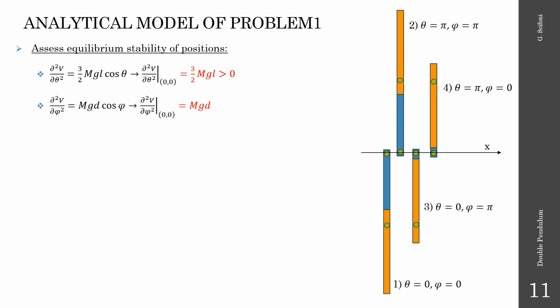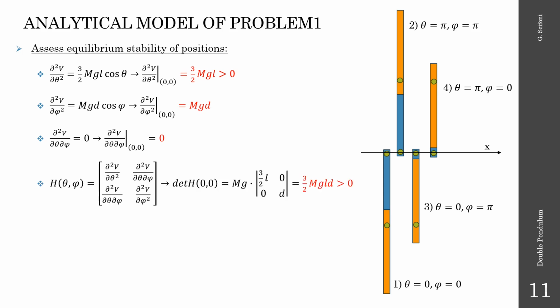Then we write the second derivative with respect to phi, and we calculate it also in the same point. Finally, we write the mixed derivative, that is 0. With the above three derivatives, we build the Hessian matrix and we calculate its determinant, that is positive.